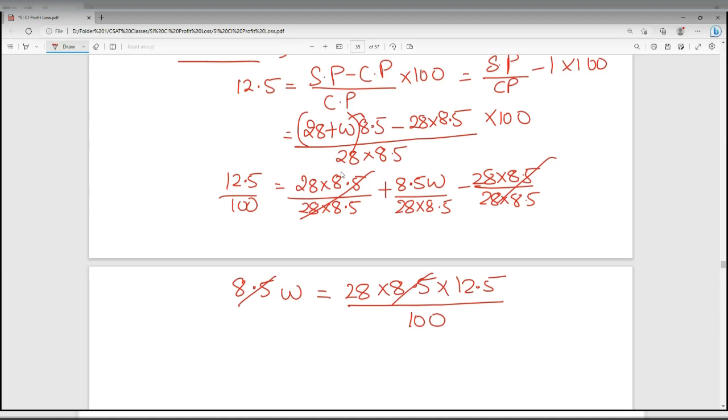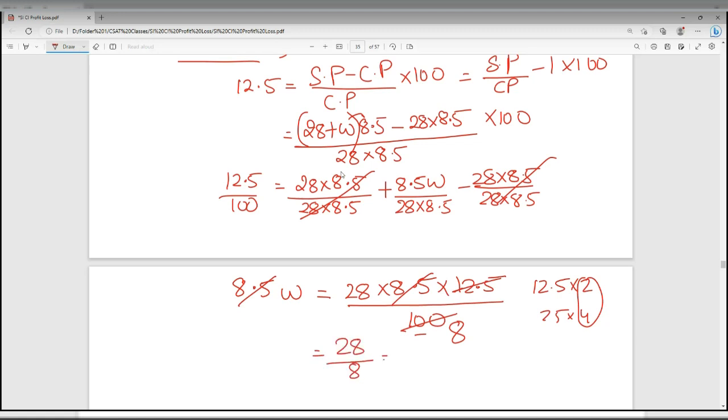12.5 into 2 is 25, so 25 into 4 is 100. So 12.5 into 8 is 100. This is 28 by 8.